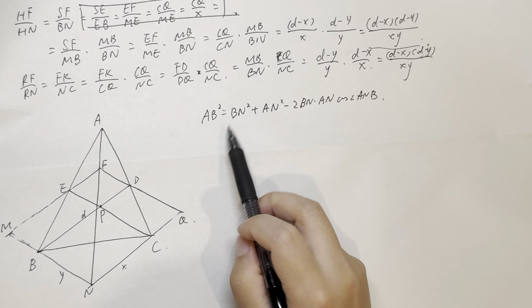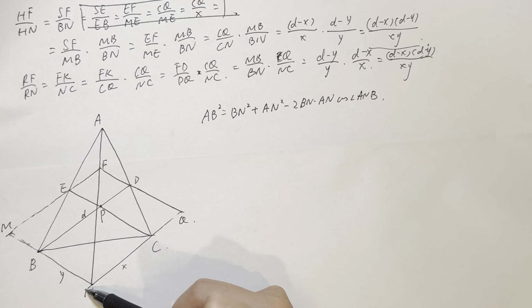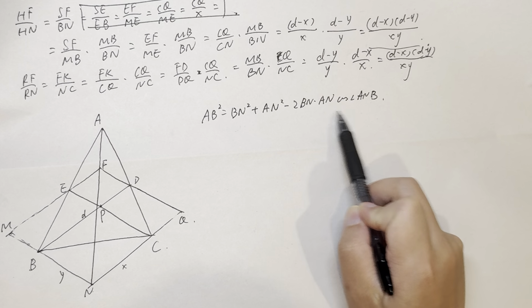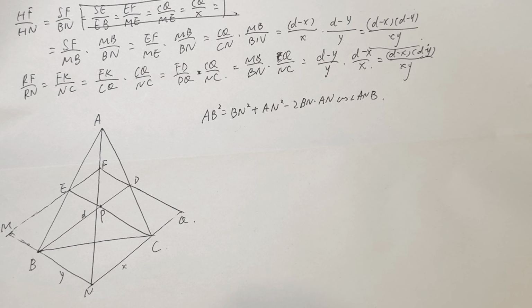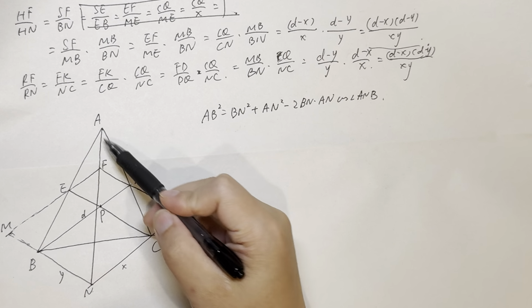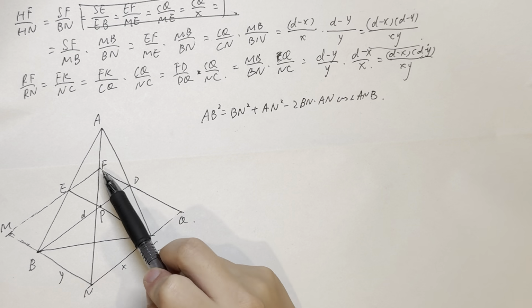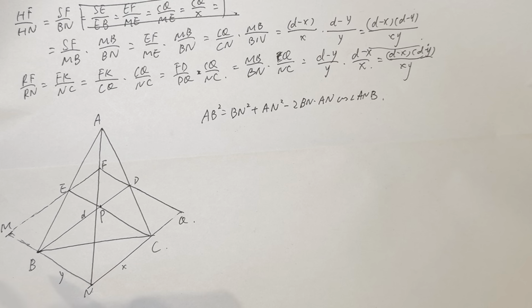Now we know BN, and we don't know the length of AN, but it's fine. And we don't know the cosine of angle ANB. But we do know that MNQF is a parallelogram, and also MF, FQ, QN, NM, four sides are equal, which means MQ is perpendicular to FN.